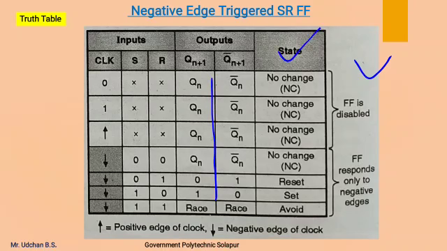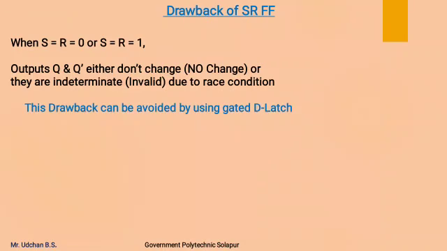If you compare this truth table with the positive edge triggered SR flip-flop truth table, you will get the same outputs and same remarks. Now we will see the drawback of the SR flip-flop, with S equal to 0, R equal to 0, or S equal to R equal to 1. Outputs Q and Q complement either don't change, means we get a no change state, or they are in an indeterminate or invalid state due to the race condition, and we have to avoid both these conditions.